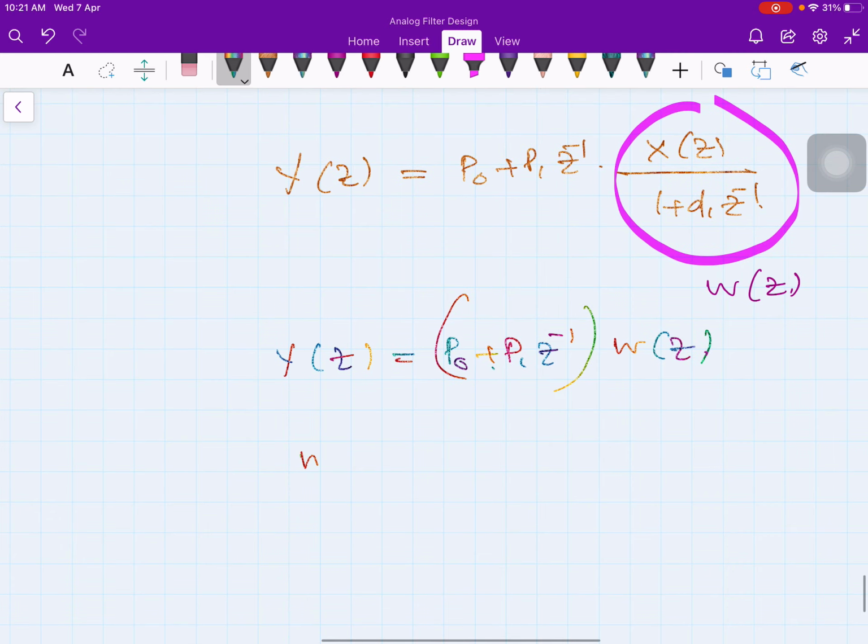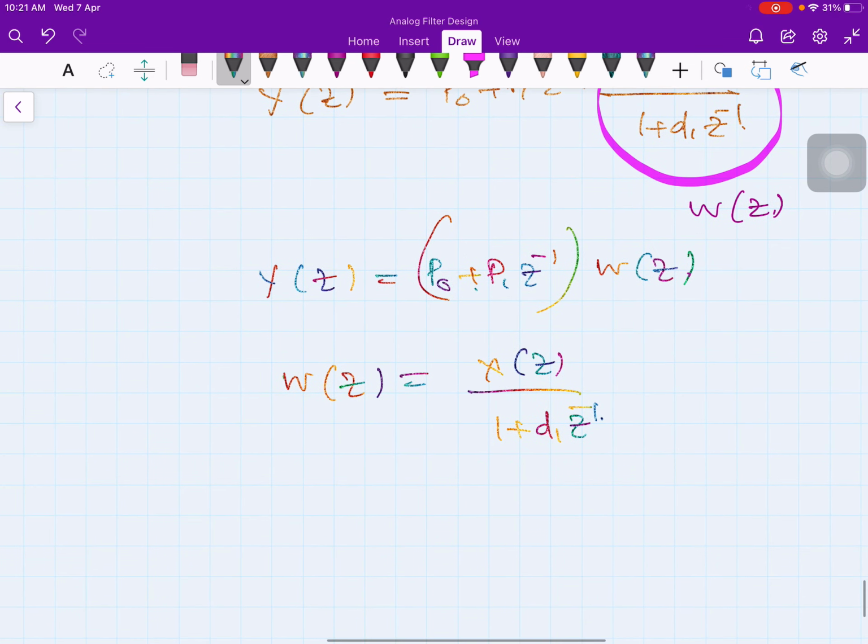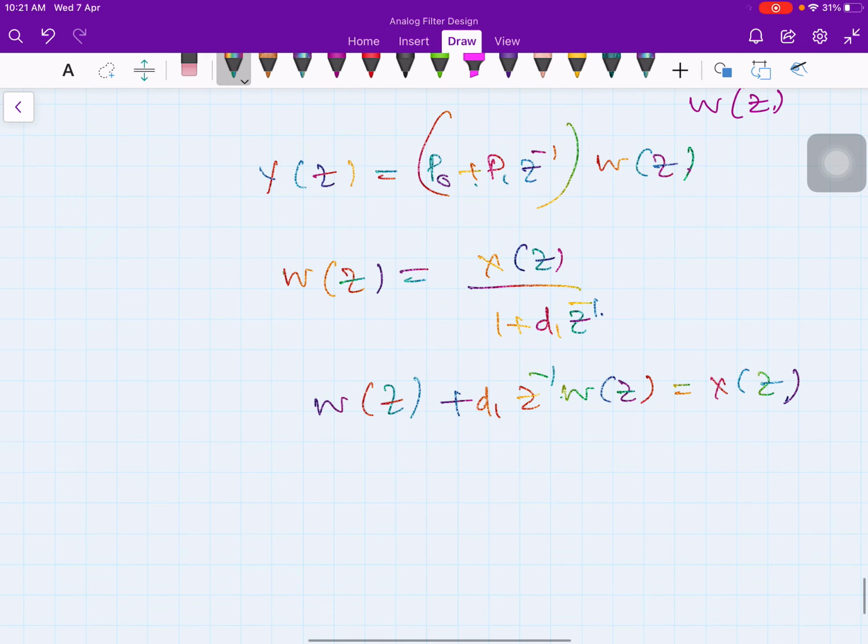So W of z is equal to X of z divided by 1 plus d1 z inverse. So W of z plus d1 z inverse W of z is equal to X of z. So W of z is equal to X of z minus d1 z inverse W of z.